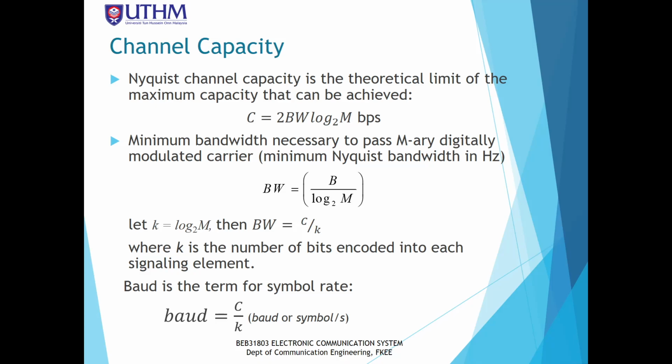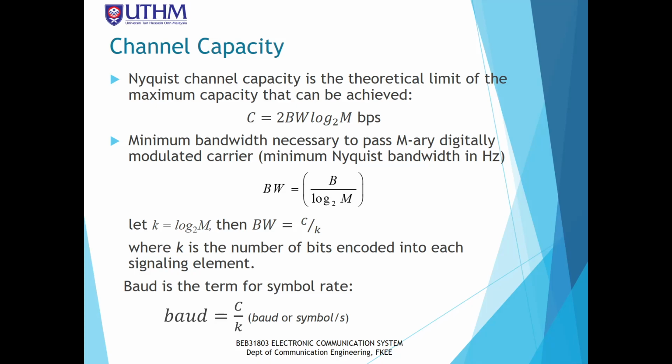And then we have another important parameter, what we call the channel capacity. Channel capacity defines the maximum bit rate or the maximum data rate that can be transmitted by the transmitter to the receiver so that the receiver can do the decoding process.